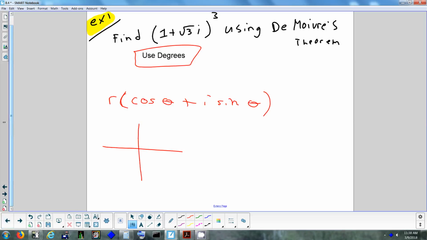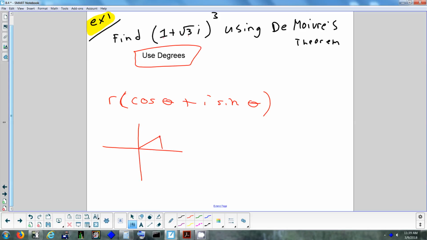Let's make our sketch. Positive 1, positive root 3. Ezekiel, what quadrant is that? Quadrant 1. Positive, positive. It doesn't matter if it's positive 7 or positive 7 million. It's positive, positive, somewhere in quadrant 1. Your sketch does not have to be exact.